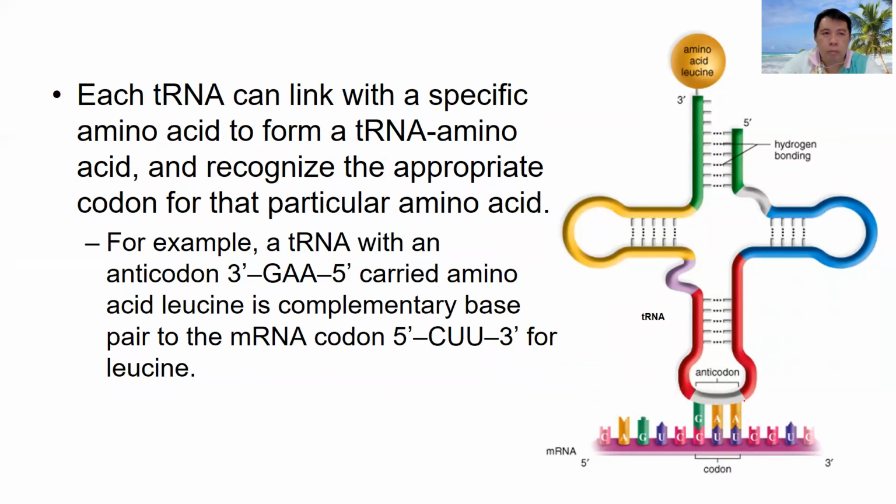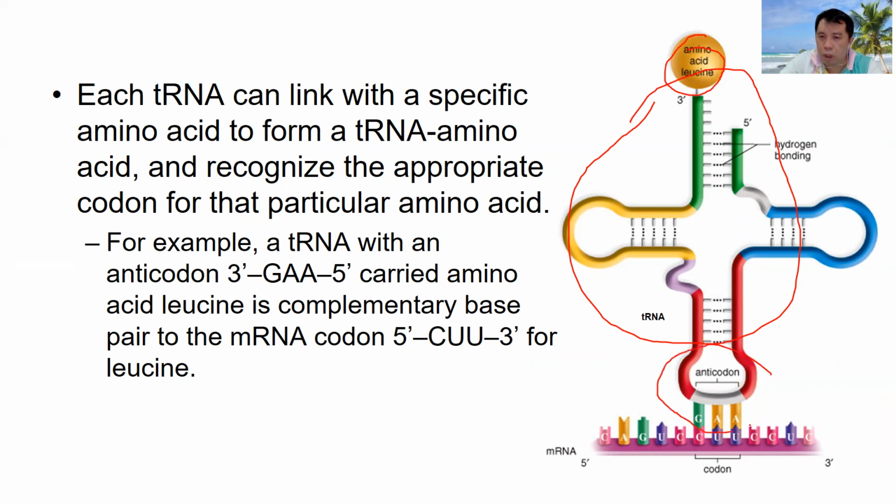Then each tRNA can link with a specific amino acid to form a tRNA amino acid complex and recognize the appropriate codon for the particular amino acid. Let's say this tRNA carries leucine with an anticodon GAA. So this tRNA can only complementary base pair with the codon CUU.